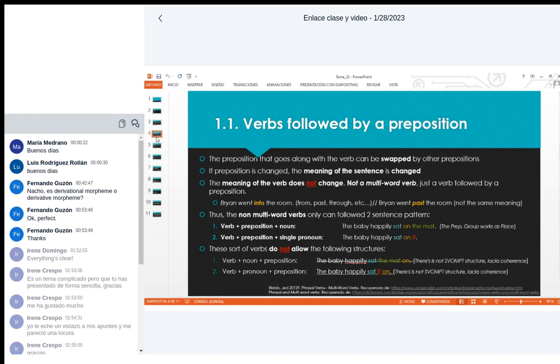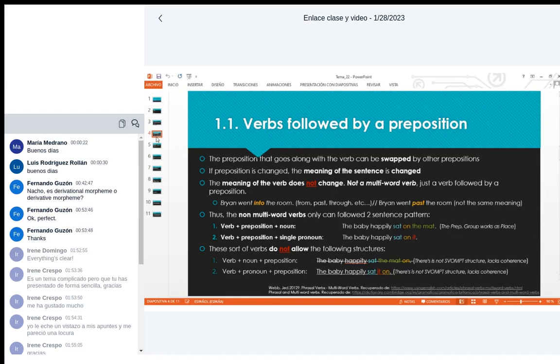It's not the same when we have the current sentences: Brian went into the room and Brian went past the room. If I say Brian went into the room, the preposition here changes the meaning. And this preposition has nothing to do, or is not related whatsoever, with the lexical verb. It's just that it functions as a complement, informing that Brian got into the room.